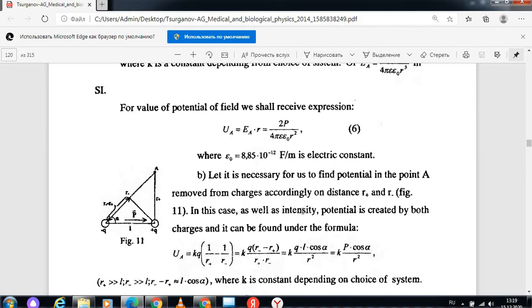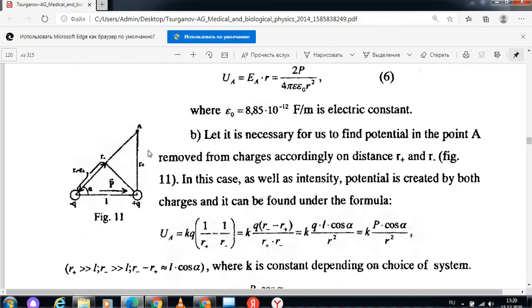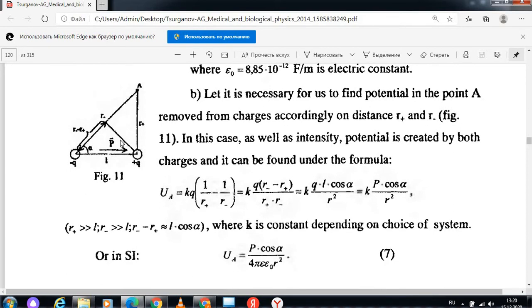In this case, as well as intensity, the potential is created by both charges, and it can be found under the formula U_A at point A, which will be kQ multiplying these brackets, where the denominators will be r plus and r minus. So we also could make it by the previous formula.